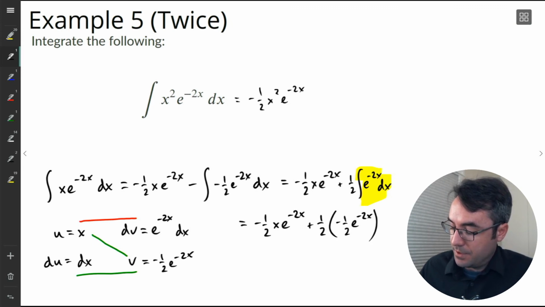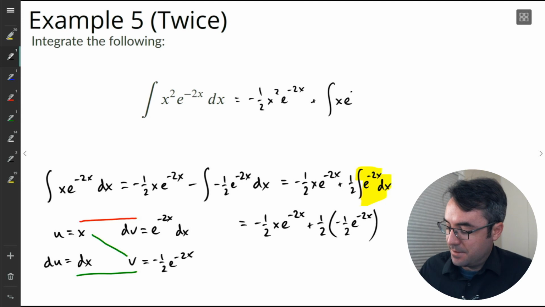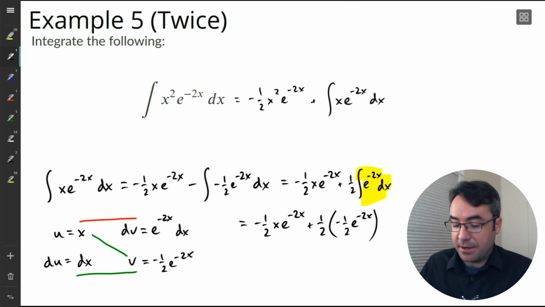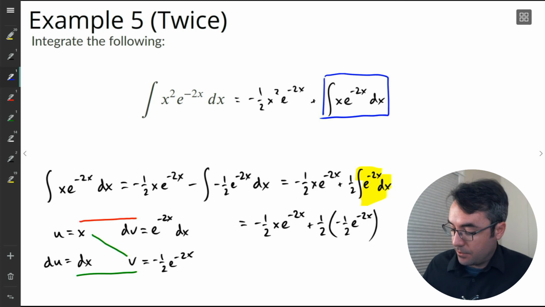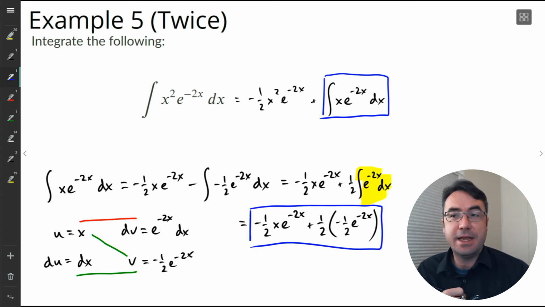And I hope I remember this correctly. There we go. And then we fill in the piece that we just calculated. We know this remaining integral is what we calculated right here.